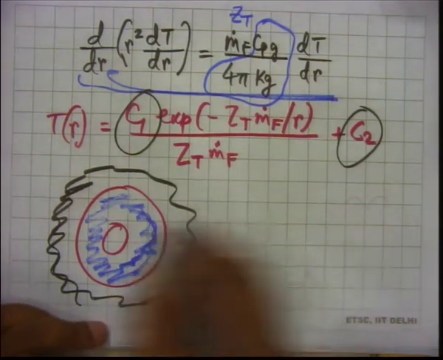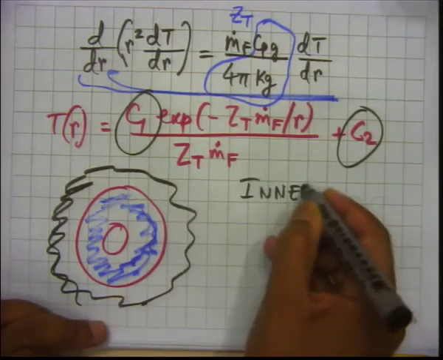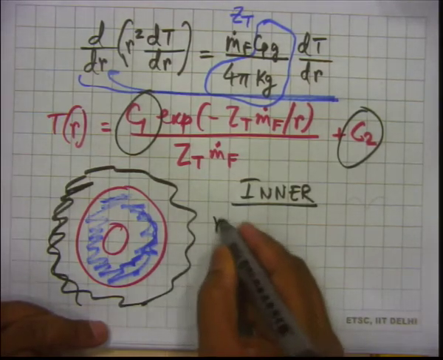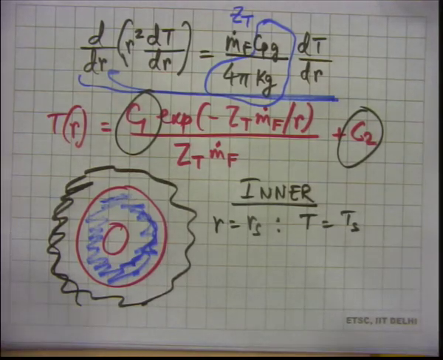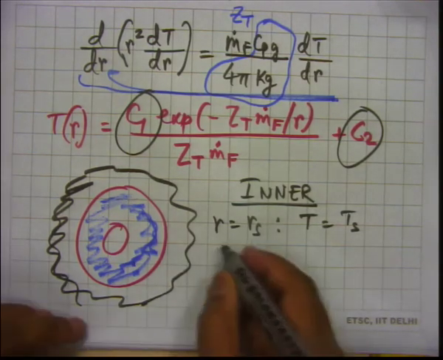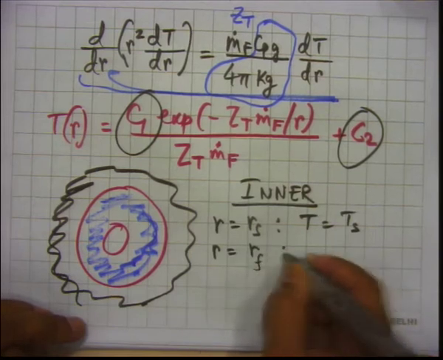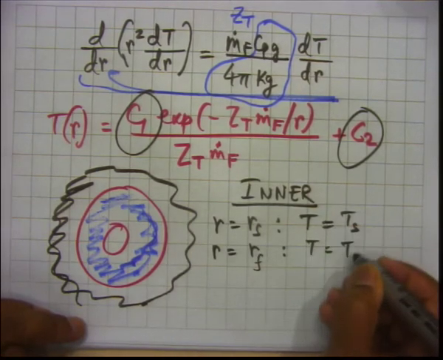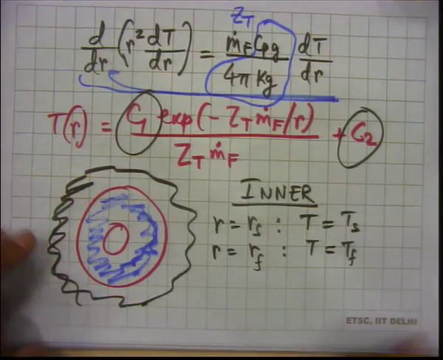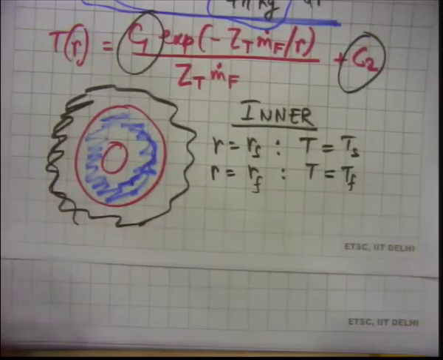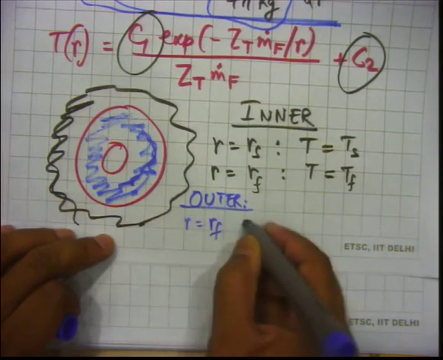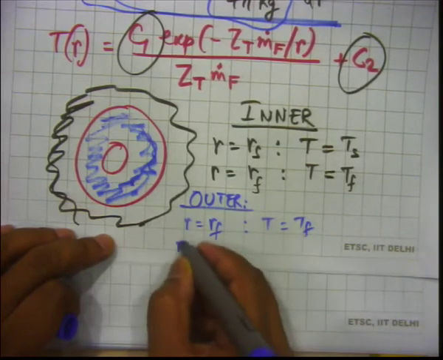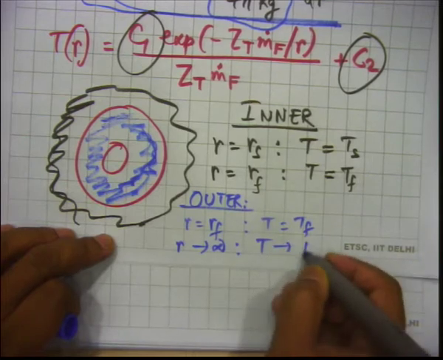For the inner zone: R equal to Rs, T equal to Ts; R equal to Rf, T equal to Tf. For the outer zone: again R equal to Rf, T equal to Tf, and R tending to infinity, T tends to T infinity.